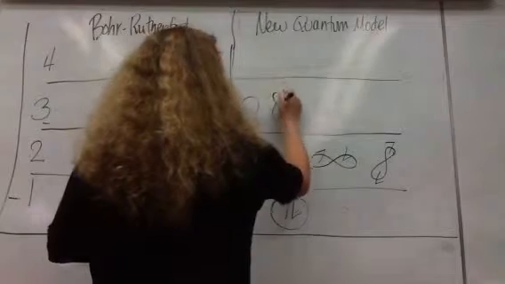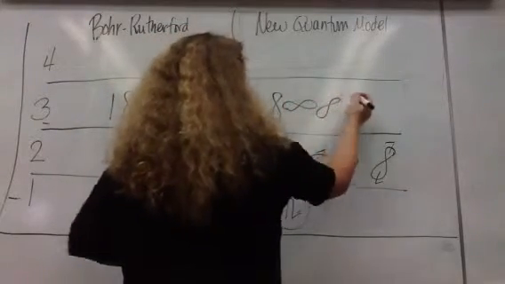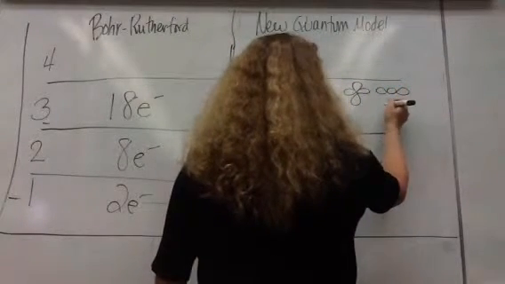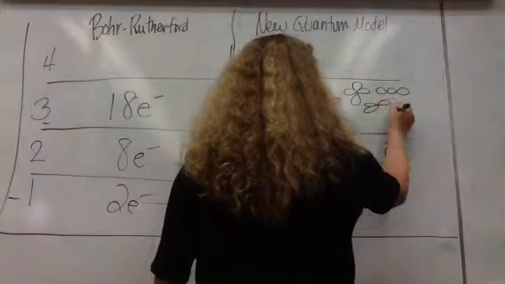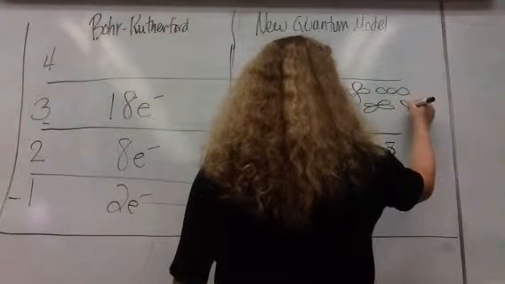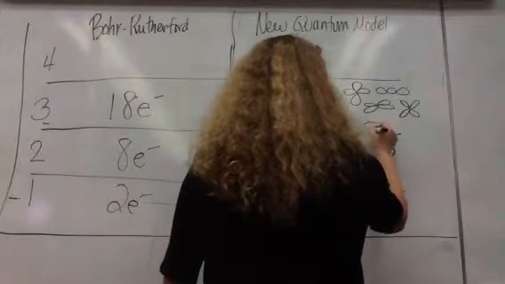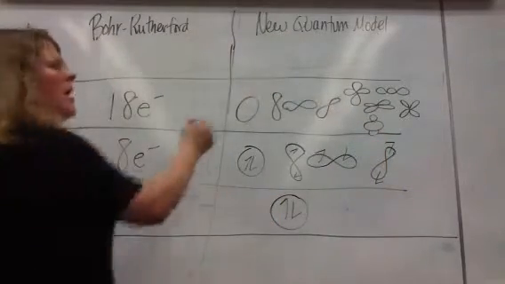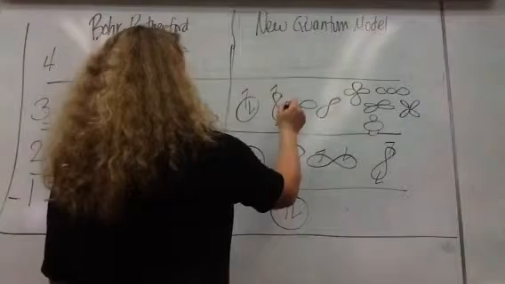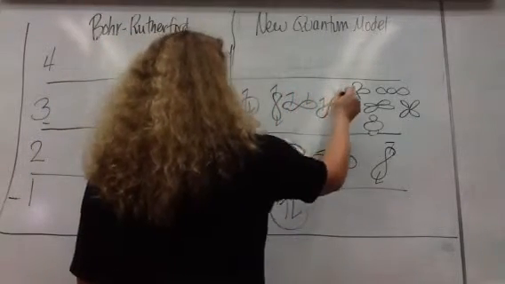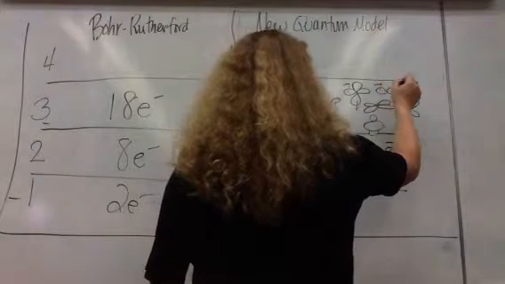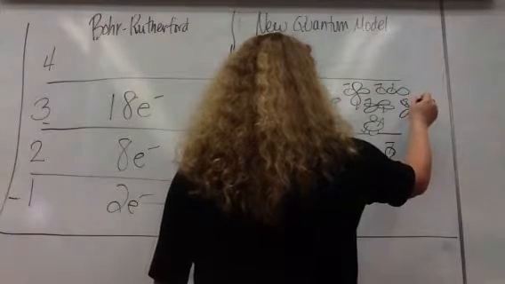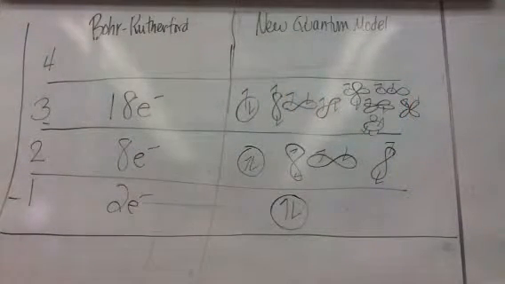So S, P, D, and 2 electrons each. 1, 2, 1, 2, 1, 2. It's a whole lot more information.